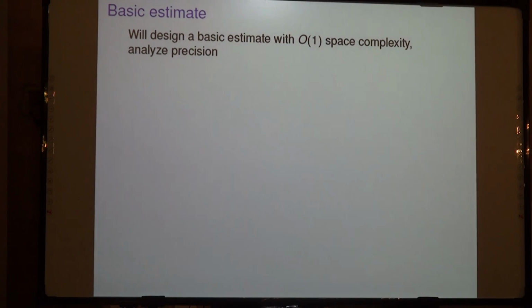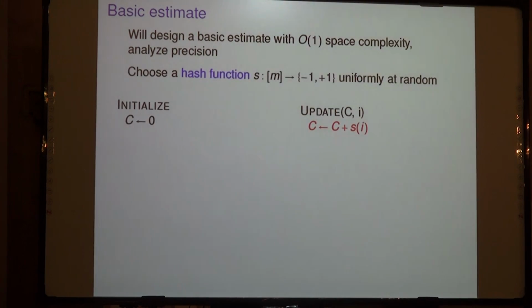First, I want to design a very basic estimate for the frequency count that will use only a constant amount of space. And then I want to analyze its precision. The estimate will be extremely simple. It's actually pretty similar to the AMS sketch. We'll first choose a hash function s, a random sign function.